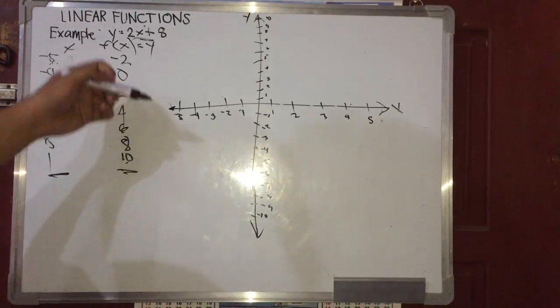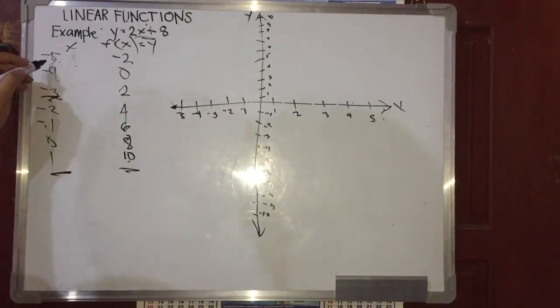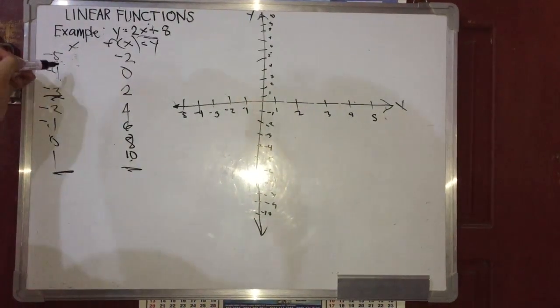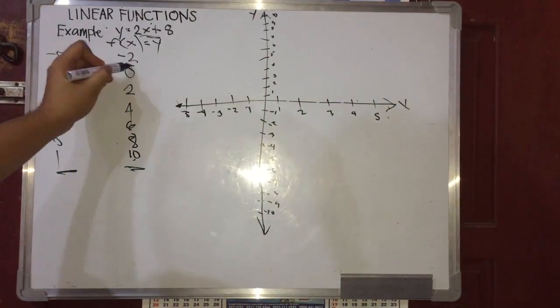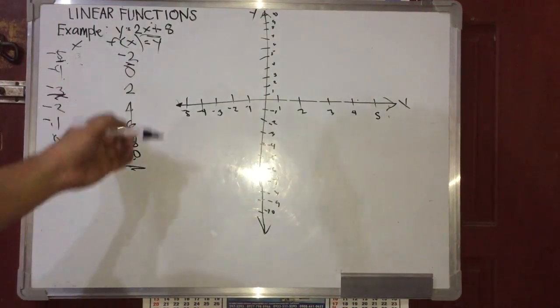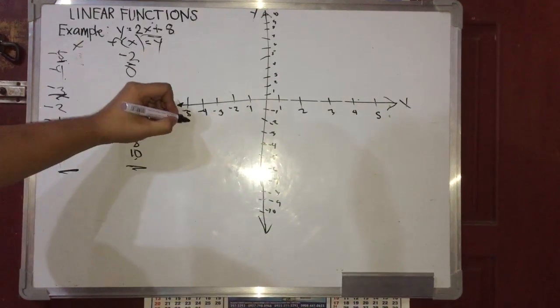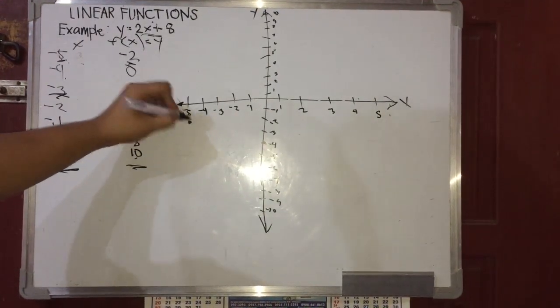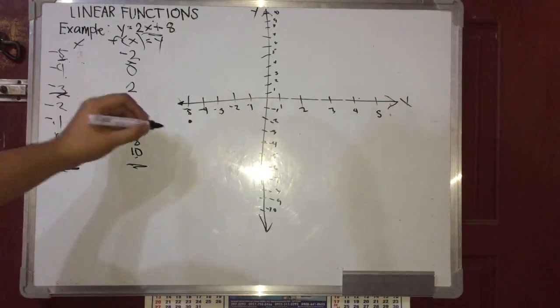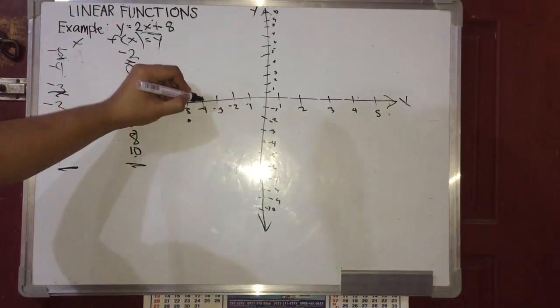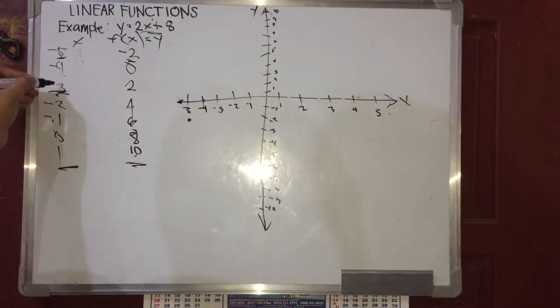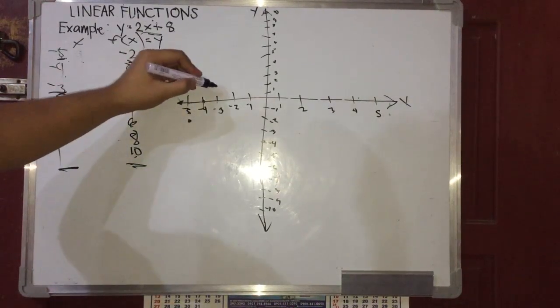It's time to plot: -5 to -2, then -4 to 0, then -3 to +2.